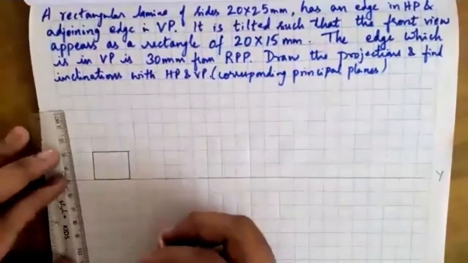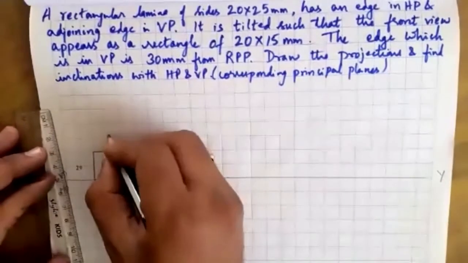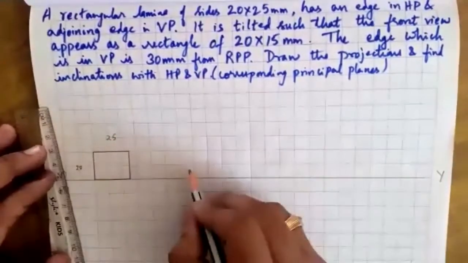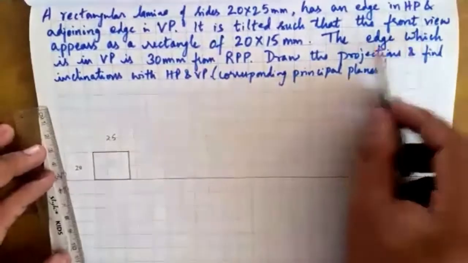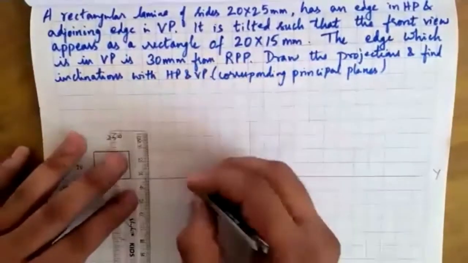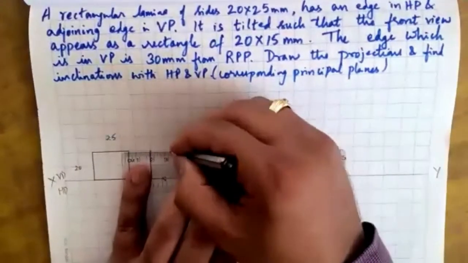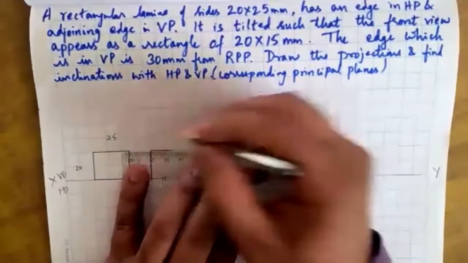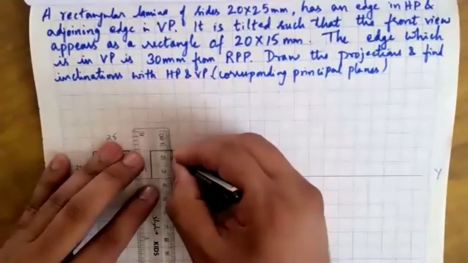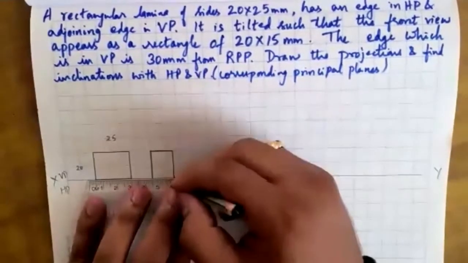I'll dimension 20, 25. It is tilted such that the front view appears as a rectangle of 20 by 15. So 20 and 10 and 15. I'm going to draw 10 and 15. 15 means 1.5 box.